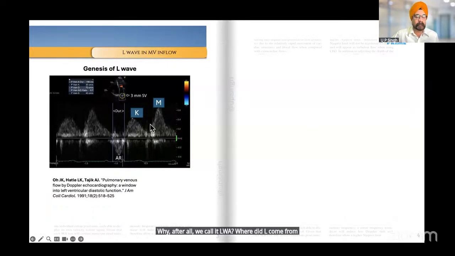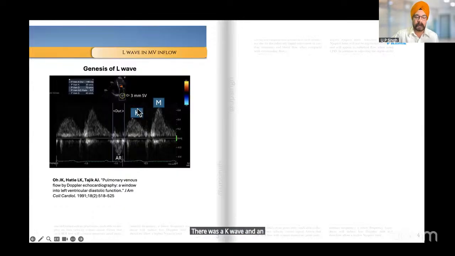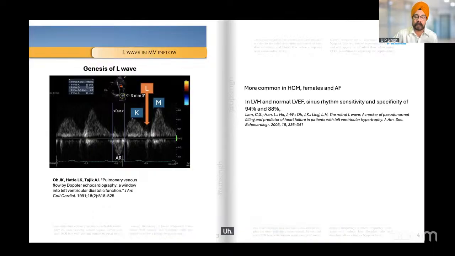The L came from the fact that initially we said there was a K phase and an M phase in the pulmonary venous flow, and L came between these two. These were the original descriptions in 1991. Dr. Tajik and colleagues described these as K and M phases.